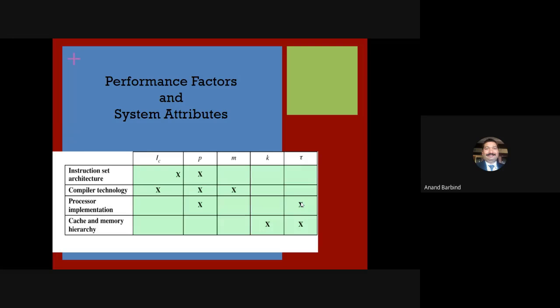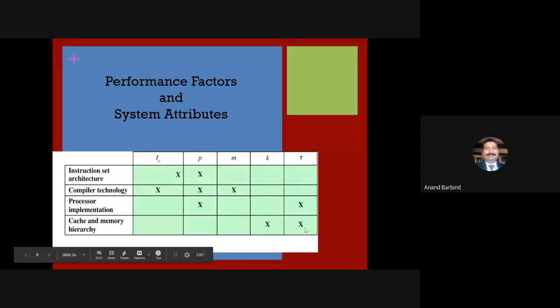So the clock frequency on which your processor can be operated is defined by this particular tau. Whereas the cache memory and the memory hierarchy also matter.